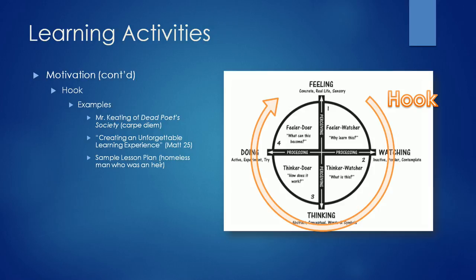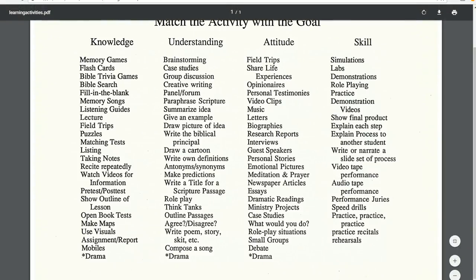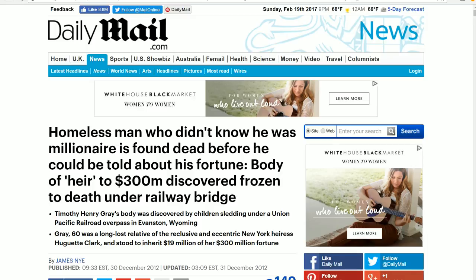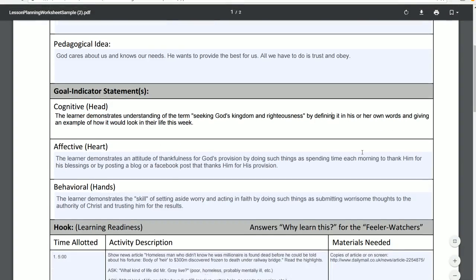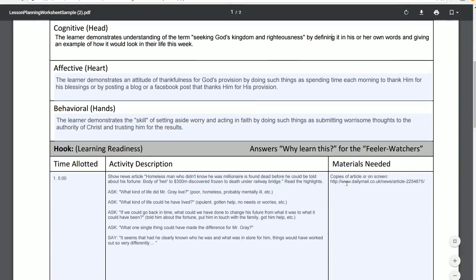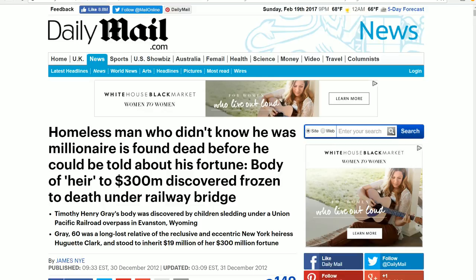In that example, I'll just bring it up real quick. This is the lesson plan, and you saw here the Daily Mail link to that article. So here I am looking at it. "Homeless man who didn't know he was a millionaire is found dead before he could be told about his fortune.